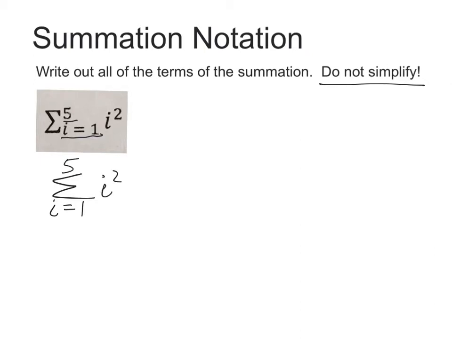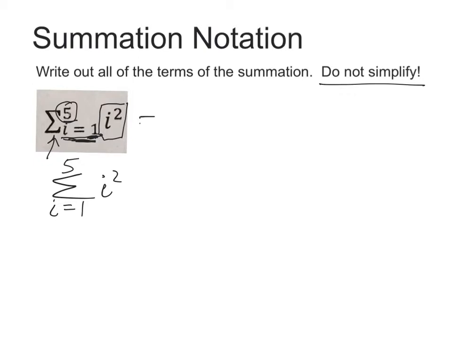But depending on how the font is, sometimes it's written like this, but what this means is we're going to have a bunch of different terms that we're going to add together, and each term is going to be in the form of something squared. And this says i goes from 1 up to 5.